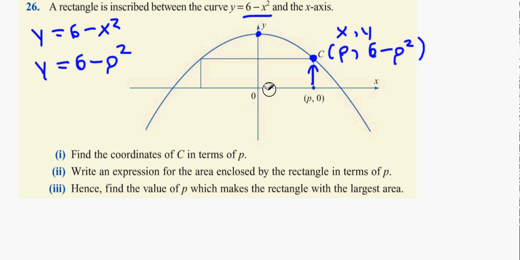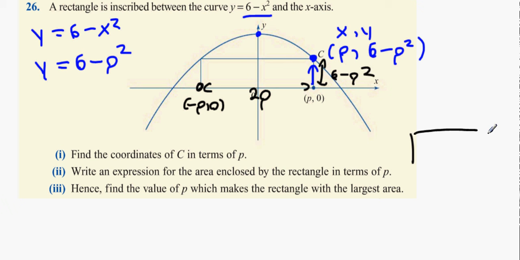Now if that's the halfway point, this point here must be (minus P, 0), and this makes the length enclosed here 2P. Now the height is the y function, and the y function is 6 minus P squared. So our rectangle is in fact 2P by 6 minus P squared.